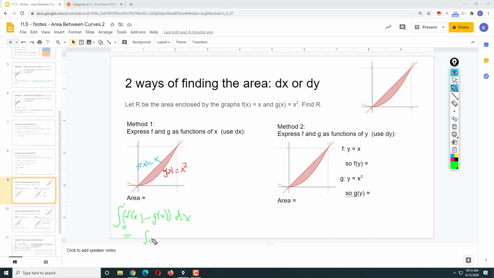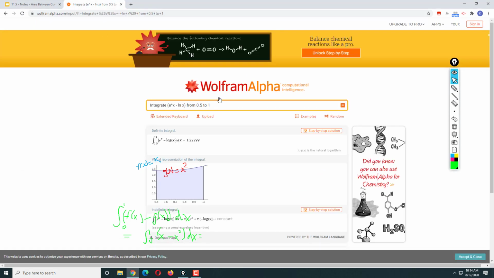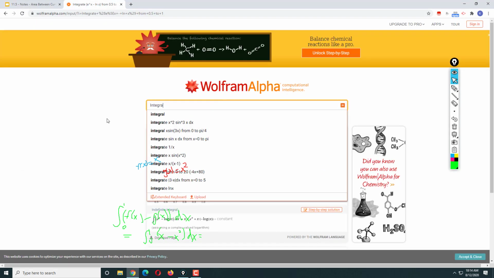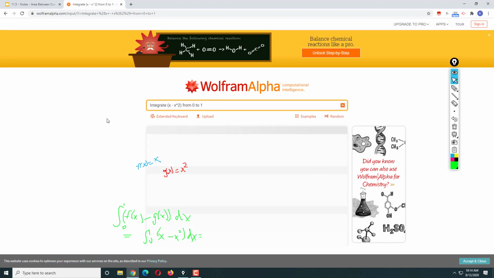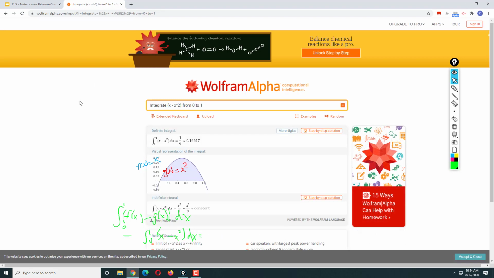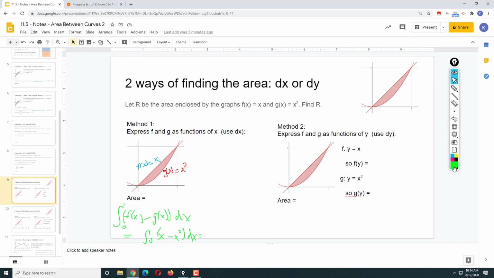Which is equal to the integral from 0 to 1 of x minus x squared. Again, we can just use Wolfram Alpha to calculate our integral. We want to integrate x minus x squared from 0 to 1, and we get 1/6. As we can see right here, it is 1/6.